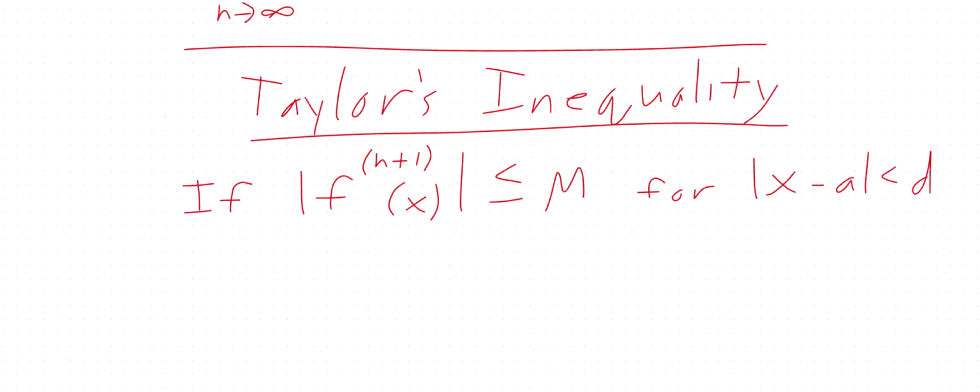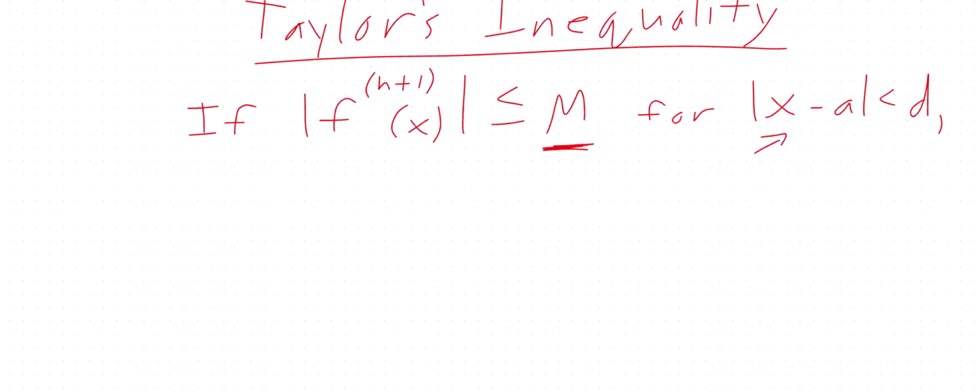So it means if we can restrict our x's to a certain amount, so they're close to a, that restricts the n plus 1 derivative so that it's bounded. It can't go above a certain thing. It's not going to go off to infinity.